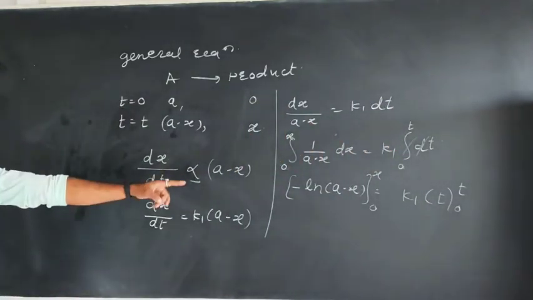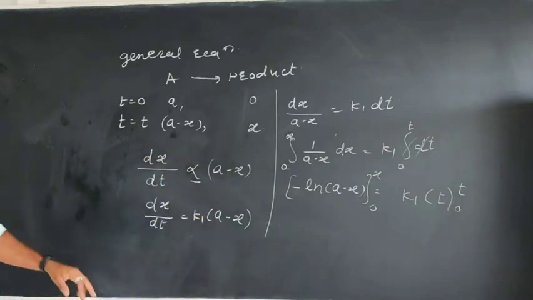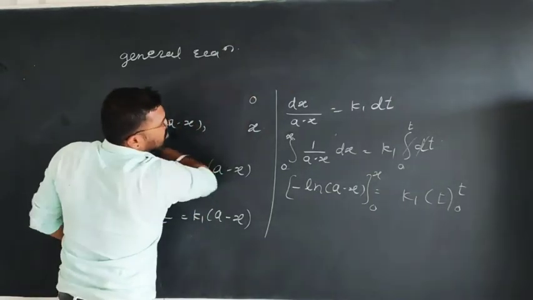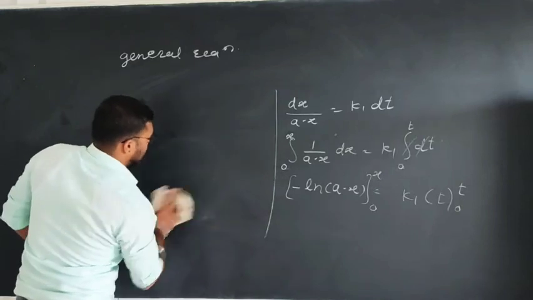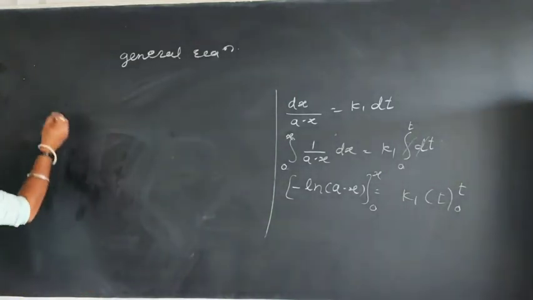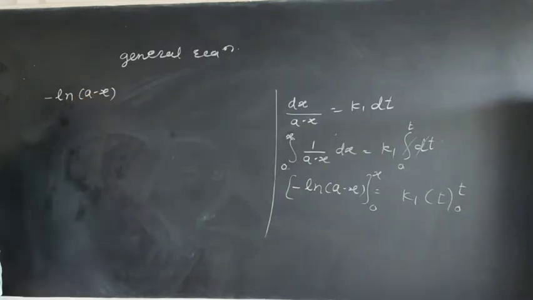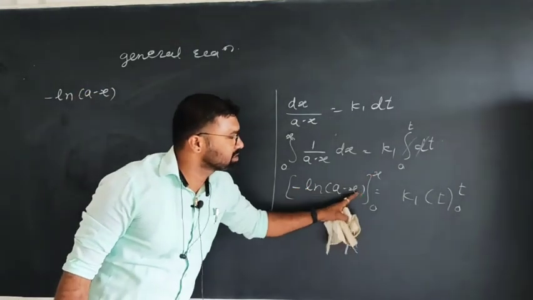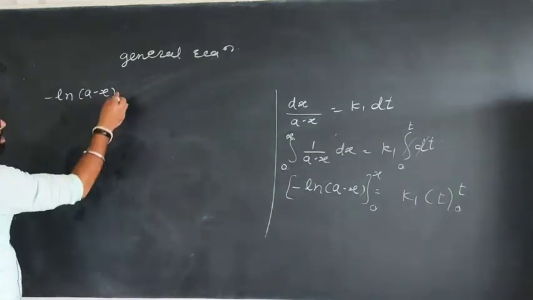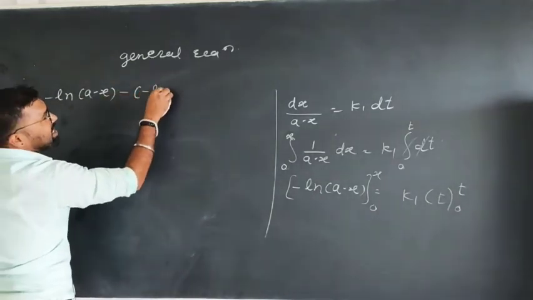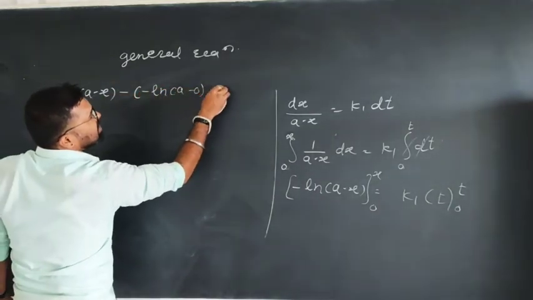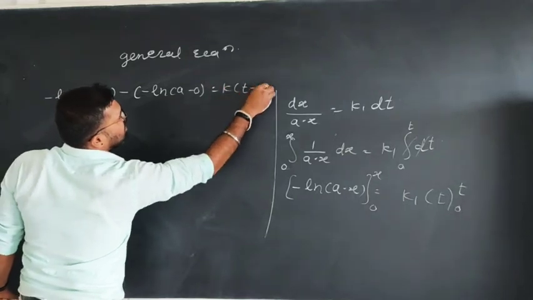Now upper limit minus lower limit. Minus ln of A minus x, putting x is equal to x, and putting x is equal to 0, minus ln of A minus 0, is equal to k t minus 0.